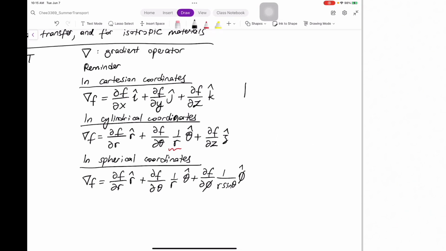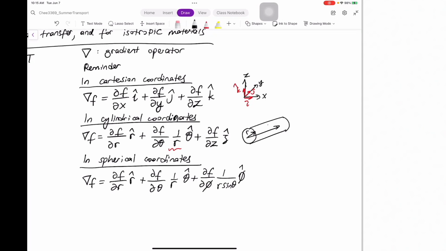So here, in Cartesian coordinates, you have the x, y, z coordinates, and the unit vector along the x is i. This one is j, and this one is k. In cylindrical coordinates, you have a cylinder. This is your r direction.